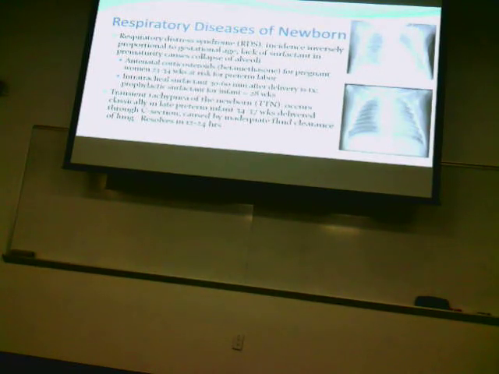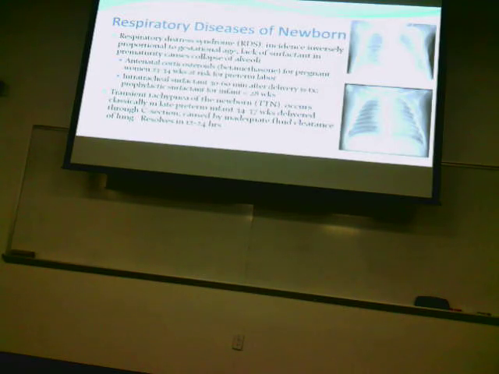Okay, so we're getting into the respiratory diseases. RDS, you're going to see more and more of it as you're getting into more premature infants. There's a lack of surfactant due to the prematurity, and this causes collapse of the alveoli in the airway.